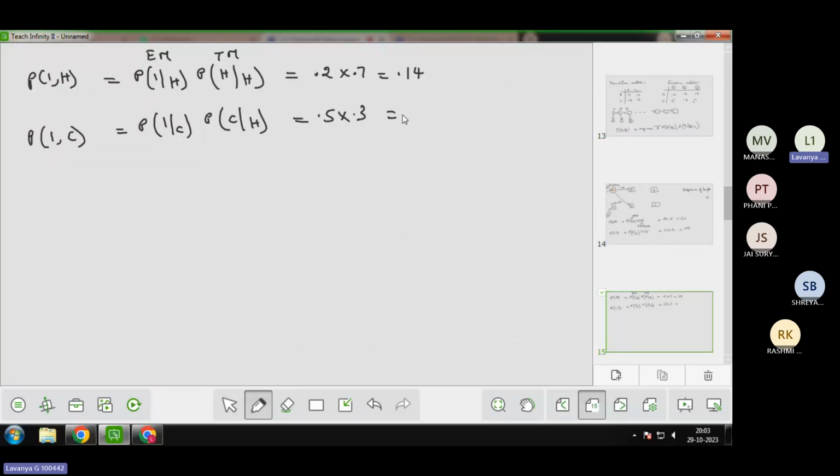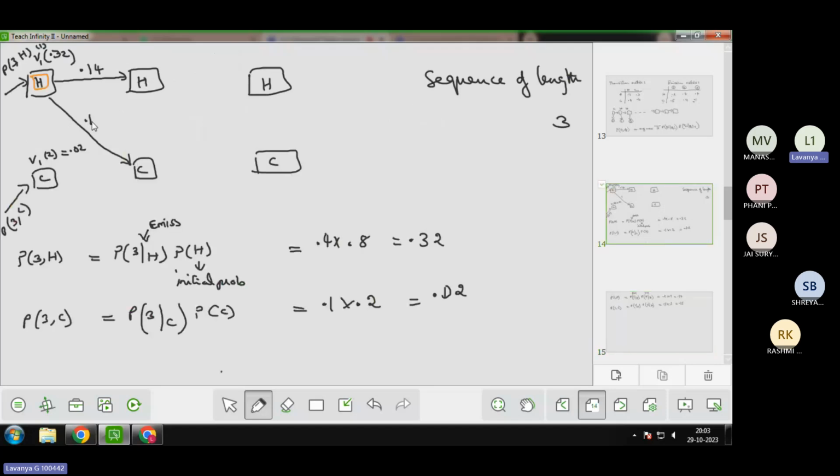So this would be 0.15. So here my value is going to be 0.15. Next, I have to go for P of 1 comma H again, that is, from C I want to go to H.